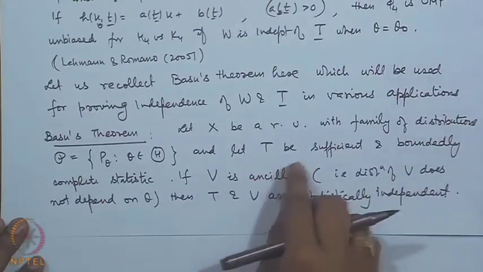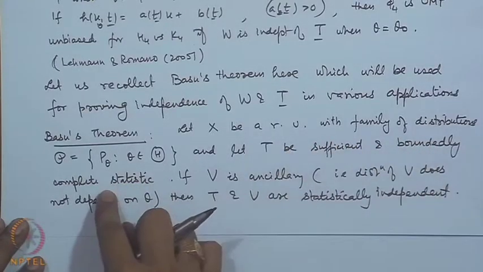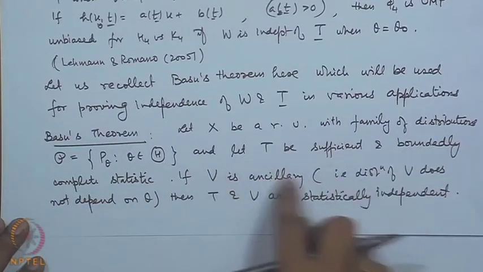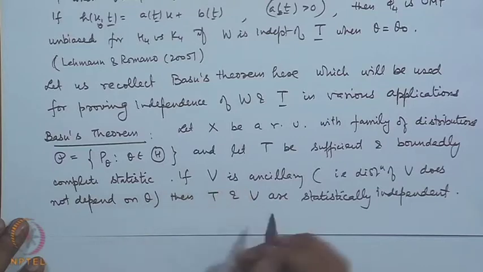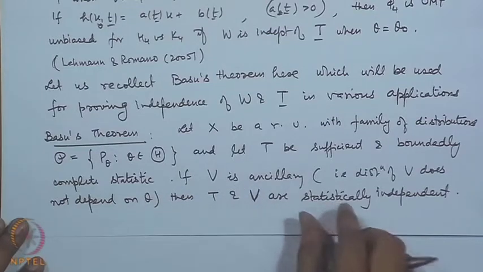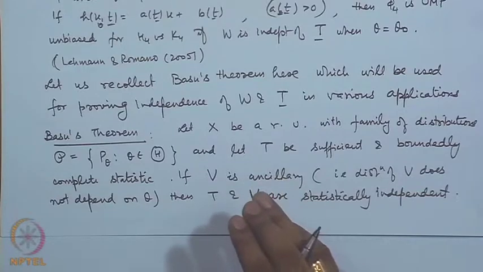So, what is important is that we should have one sufficient and complete or sufficient and boundedly complete statistic, and another one should have a distribution free from the parameters. If that happens, then T and V are statistically independent. So, in general we will try that W should be ancillary, and then T should be complete and sufficient, or vice versa.